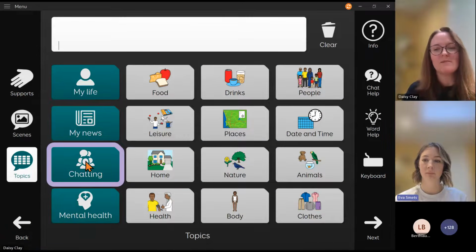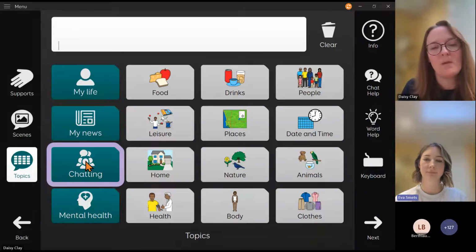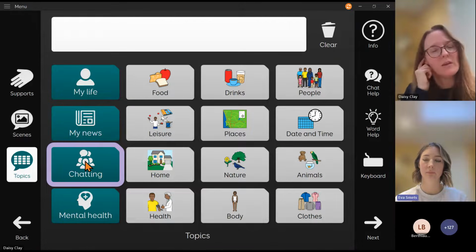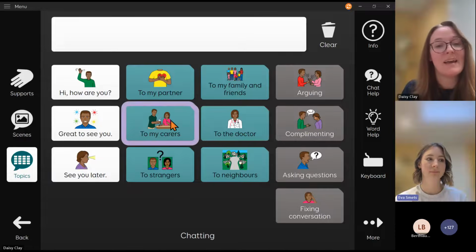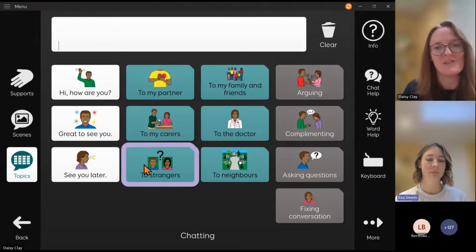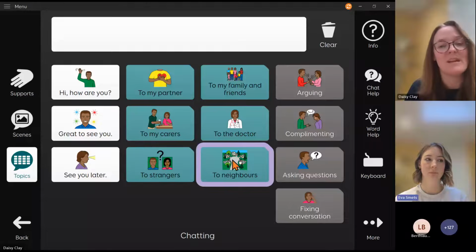So in Duo 9, that was very simple phrases that you could use in conversation every day with anyone. But in Duo 16, that's really broken down into the type of person you're talking to. And we've got lots of examples in here. So you might be talking to carers, or talking to strangers, people you haven't met before, or talking to neighbours.